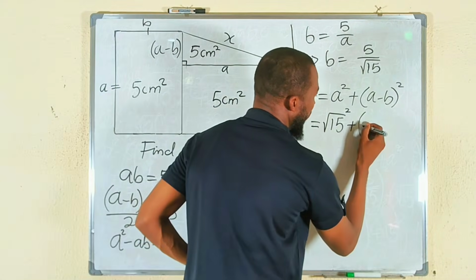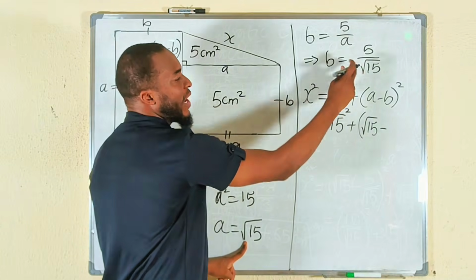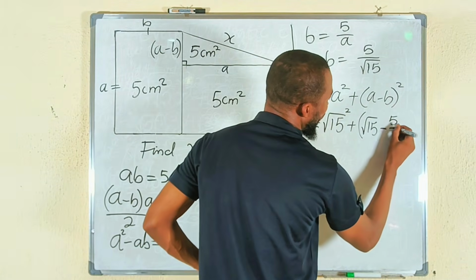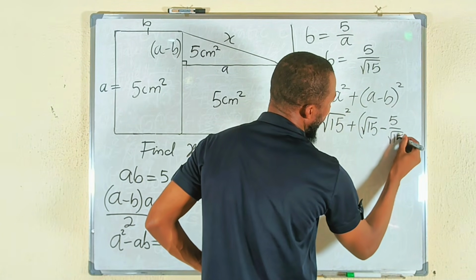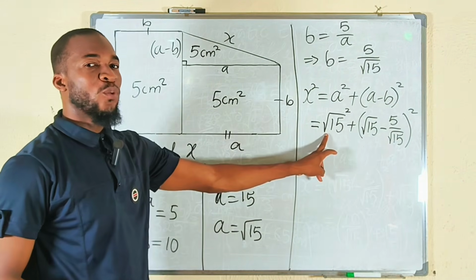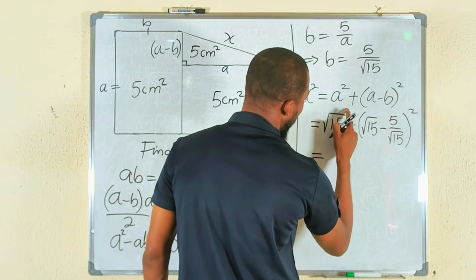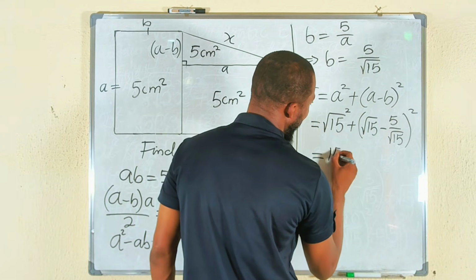Square root of 15 minus, what is B? B is 5 divided by square root of 15, also squared because we are squaring the whole thing. This first one will be 15, right? The square root of 15 squared, the square root and the power of 2 will cancel, leaving only 15.